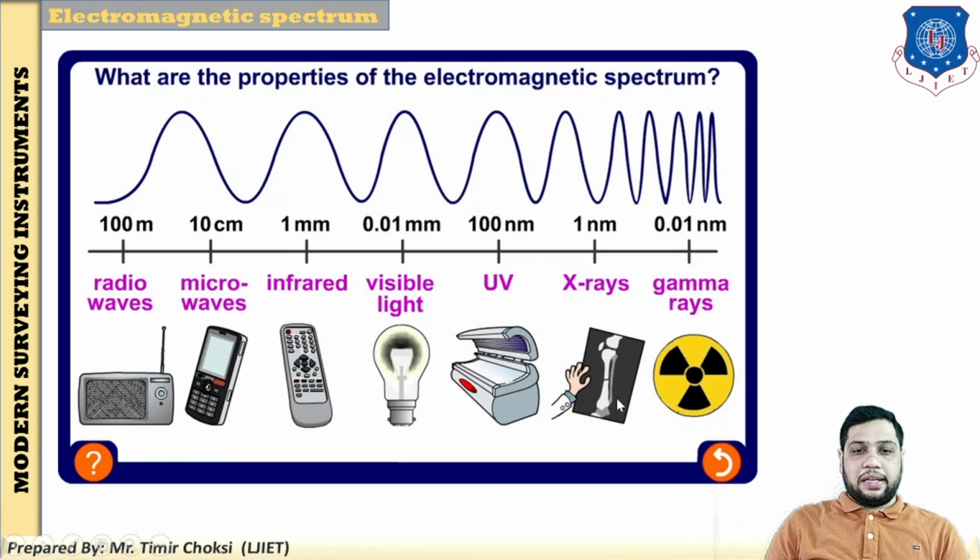So: gamma rays, X-rays, UV (ultraviolet), visible light, then infrared, then microwave, and now radio waves. EDM instruments are based on ultraviolet and visible light, and third, infrared. Electromagnetic distance measurement was first found in the form of microwave instruments, then visible light instruments, and then infrared instruments.